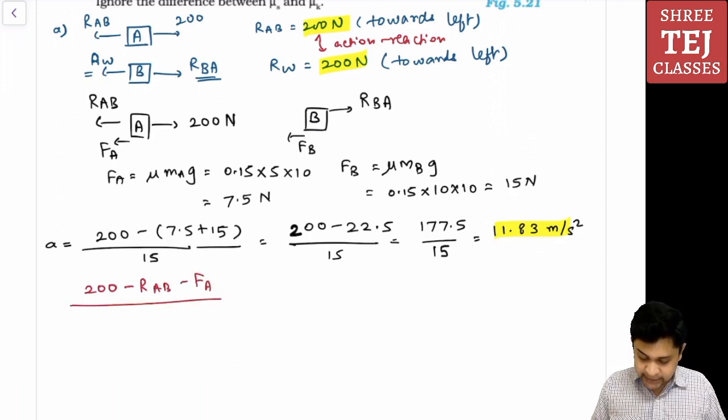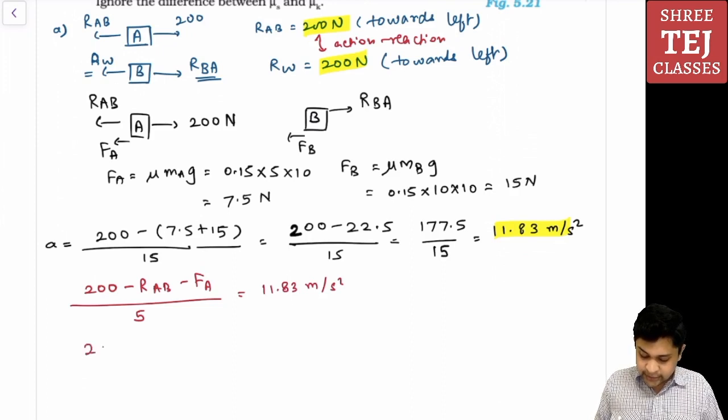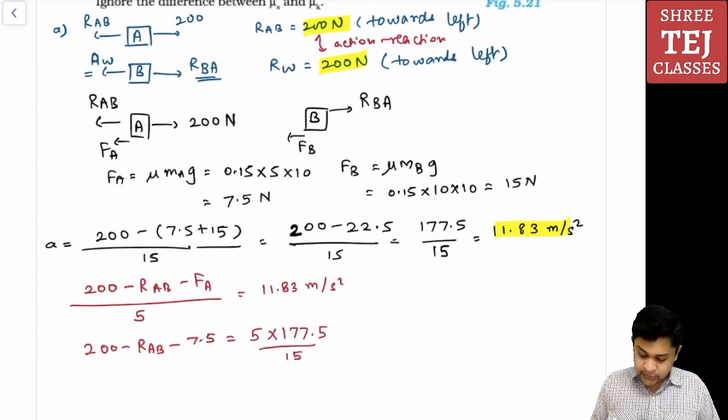How much is the mass? Mass is 5 kg, that is equal to acceleration 11.83 meter per second square. So this would be 200 minus RAB minus 7.5 to be equal to 5 into 177.5 divided by 15.